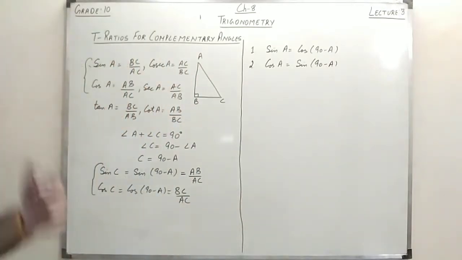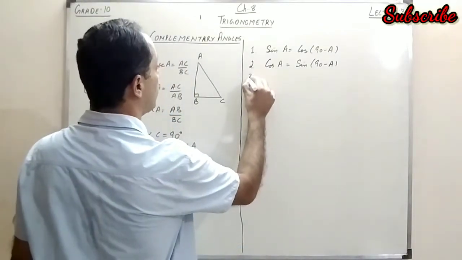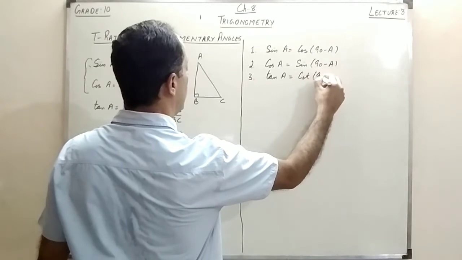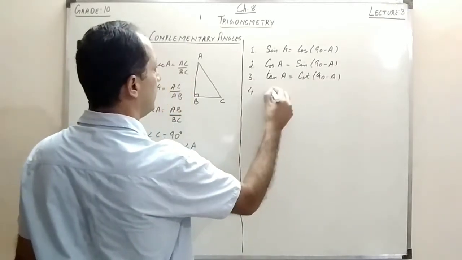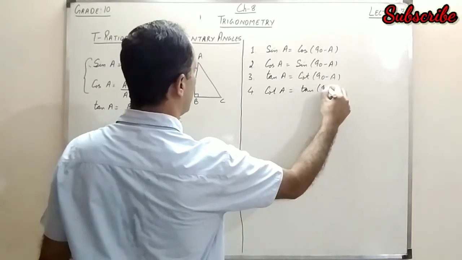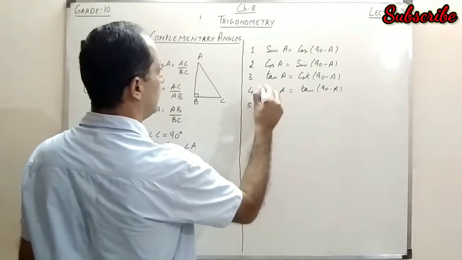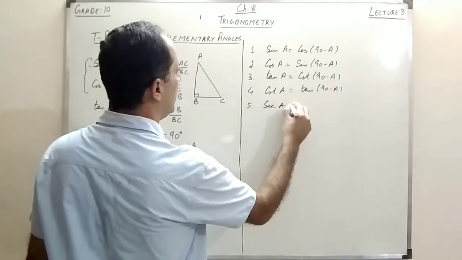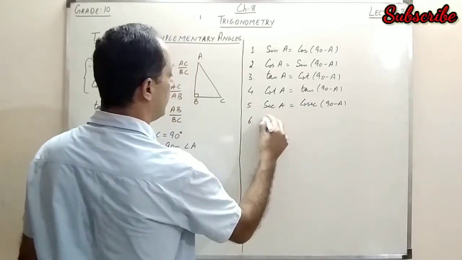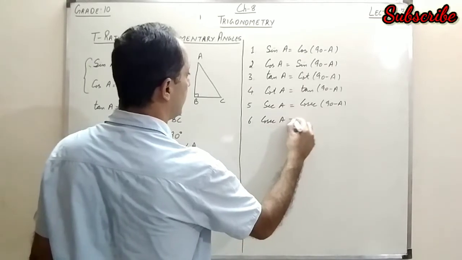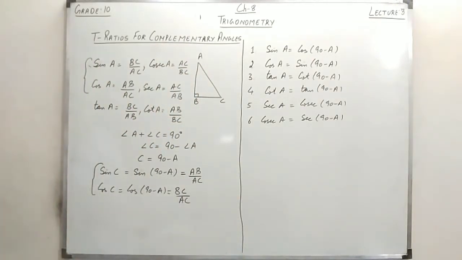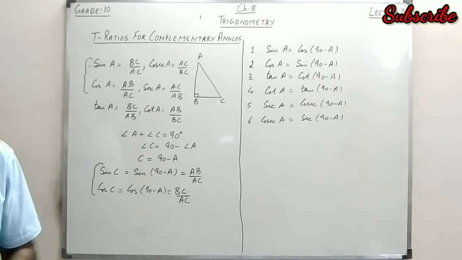Similarly, we can write the relations for the other t-ratios also. Tan A will be equal to cot of 90 minus A. Then cot A will be equal to tan of 90 minus A. Then secant A will be equal to cosec 90 minus A. And finally the last one, cosecant A is equal to secant 90 minus A. So these are the 6 relations for the t-ratios of complementary angles.